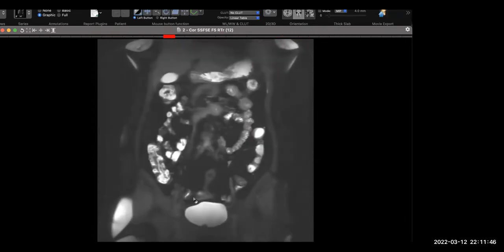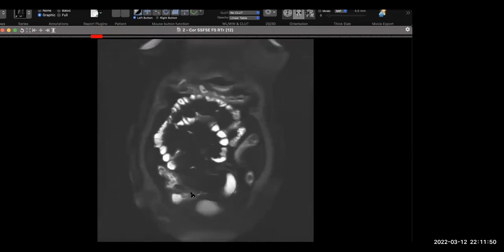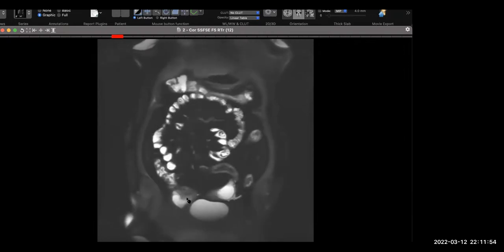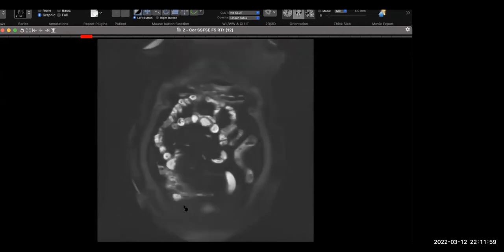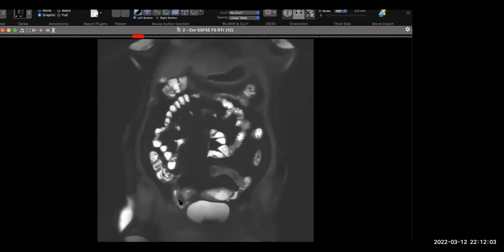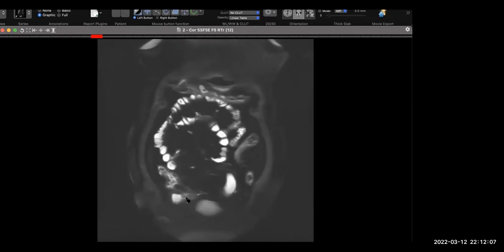So there's no phlegmon formation. There's no obvious phlegmon seen, but this area in the right iliac fossa, I'm not sure if this is a part of the bowel or this is an extraluminal connection in this case here.